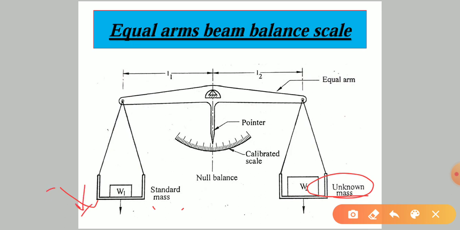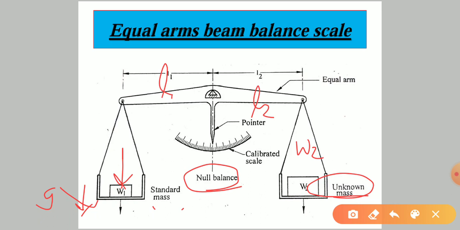Now, when null balance is obtained, the two weights or forces are equal. For null balance we have to balance the moments, so here it will be W1 into L1 and L2 into W2, and both should be equal.